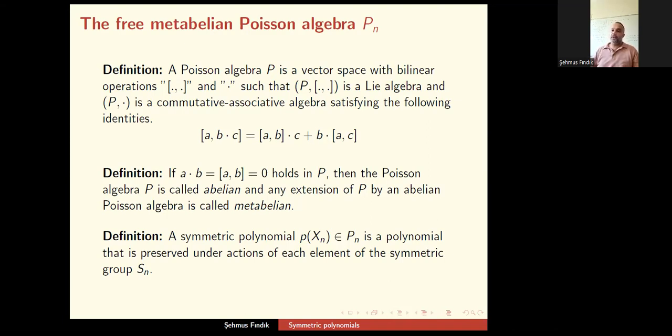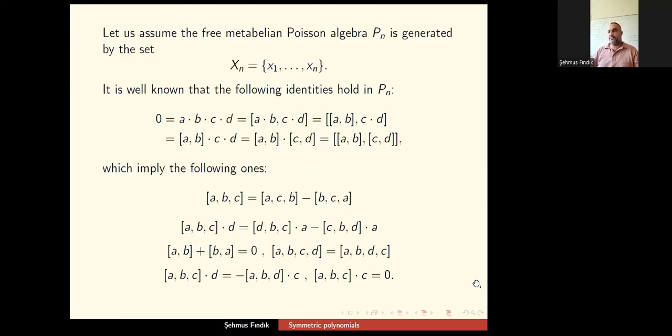But when both of the multiplications are 0, then the Poisson algebra P is called abelian. And when you have the extension of an abelian Poisson algebra with another one, it's called metabelian. And the symmetric polynomials are also defined in the same way. So these are some identities held in Pn, but pay attention that there are some restrictions on these dot multiplications, which are associative and commutative, but there is no restriction on the length of the commutators.